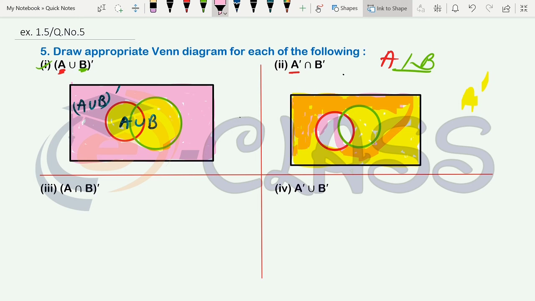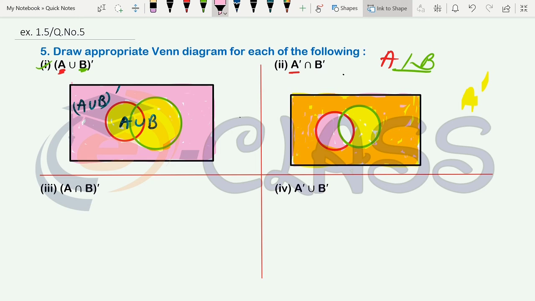The region which does not belong to B is the B complement.